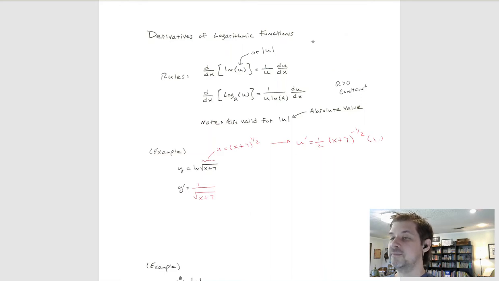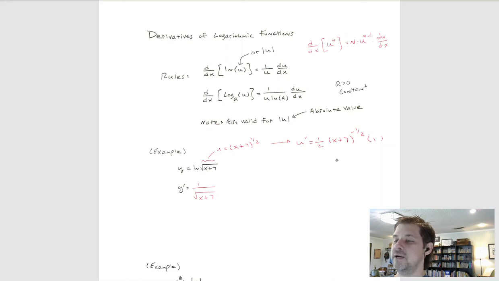That rule comes from this: the derivative with respect to x of u to some power n is n times u to the power n minus 1 times du over dx. That's the chain rule as it will be applied to some function u to some power.